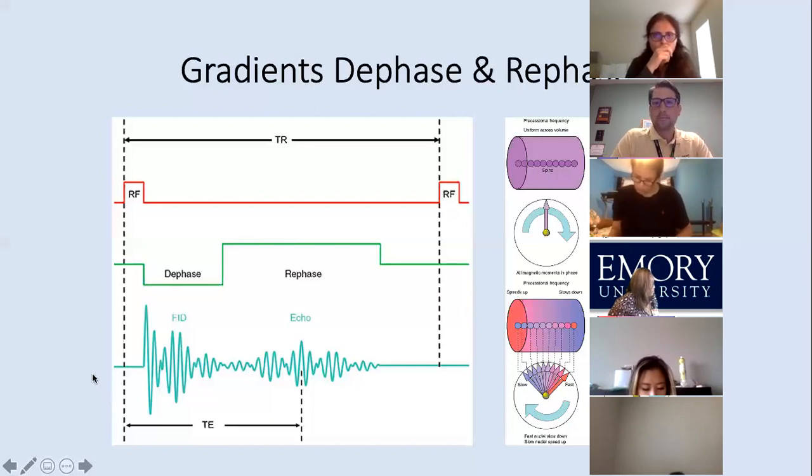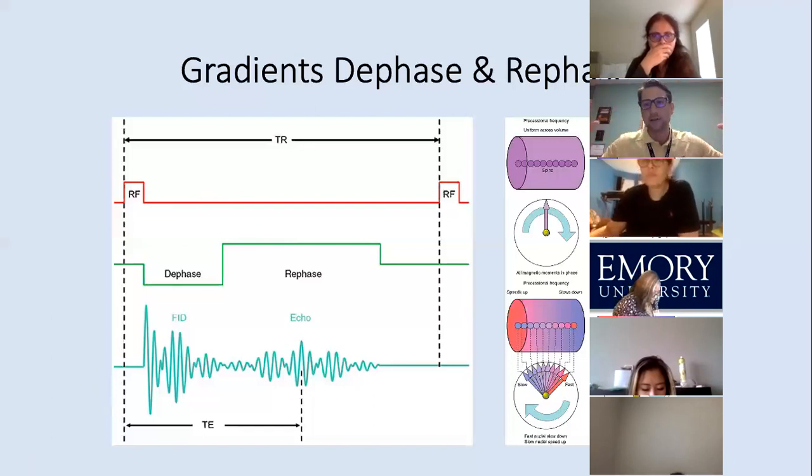Could we say that the field inhomogeneity is like the squiggly part that's not very uniform? Yeah, you could say that, but field inhomogeneity just means the magnetic field strength is not uniform along the entire bore of the magnet. You would desirably want 1.5 Tesla from the middle of the magnet all the way to the ends, but that's just not possible.